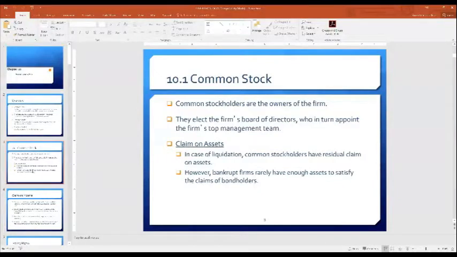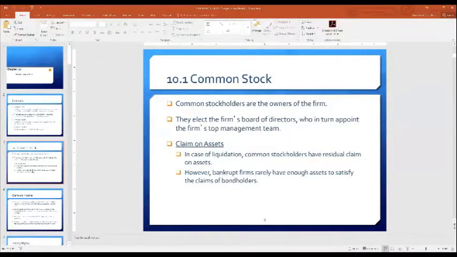For corporation naman, there are multiple members in an organization, okay? And then the company itself has its own identity. At yung mga owners doon ang tawag ay stockholders. Alright? And then for the claim on assets, in case of liquidation, common stockholders have residual claim on assets.